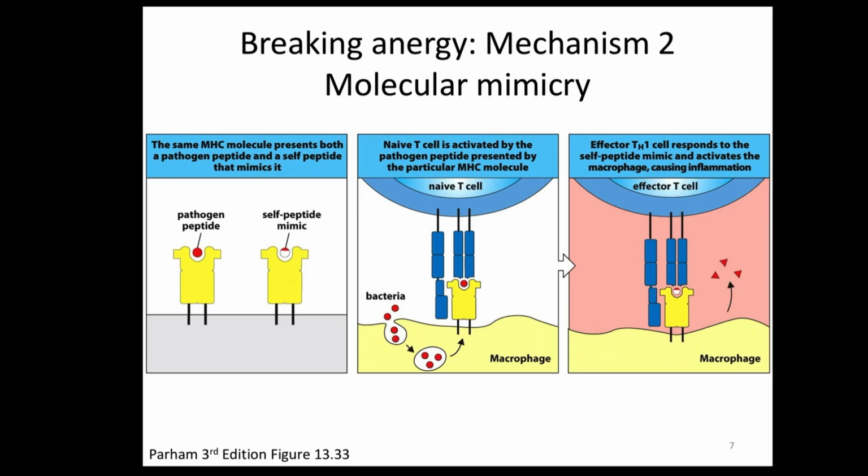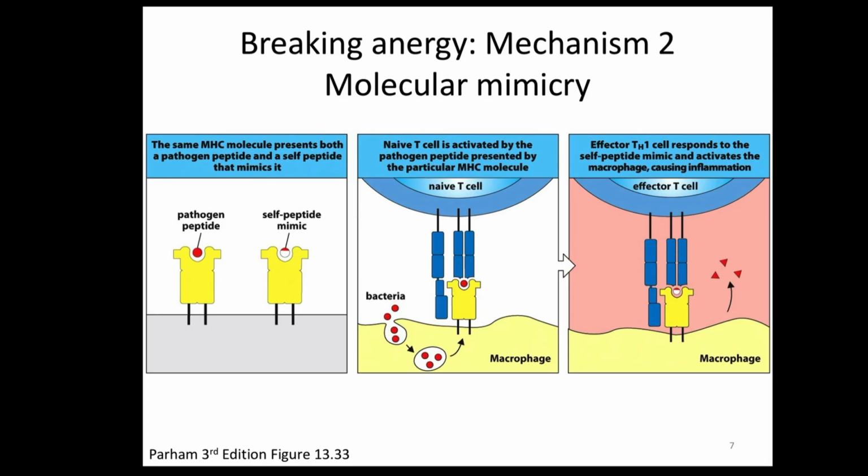And so now if they see that basically exact same peptide or a really, really similar peptide being presented on a self cell, even though there's no infection around, there's no B7 around, we're going to be able to see action against that self peptide. We're going to now be able to see this molecular mimic, this similar self peptide, be attacked after the T cell was first activated by a foreign peptide.